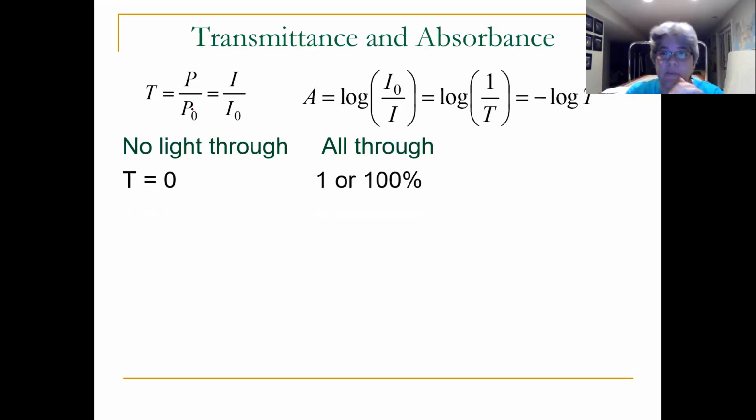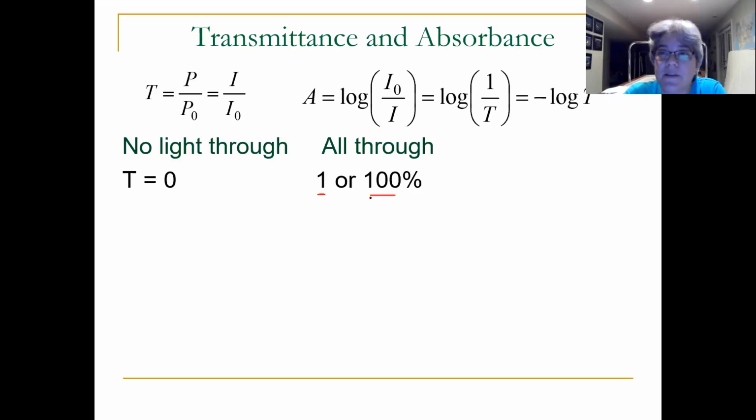The other case is all of the light goes through. This is where P and P0 are the same, which means your transmittance is 1. So T can be between 0 and 1. I told you often instead of T we use percent T. Percent T here would be 100, it's 1 times 100. So transmittance can be between 0 and 1, and percent T goes between 0 and 100.